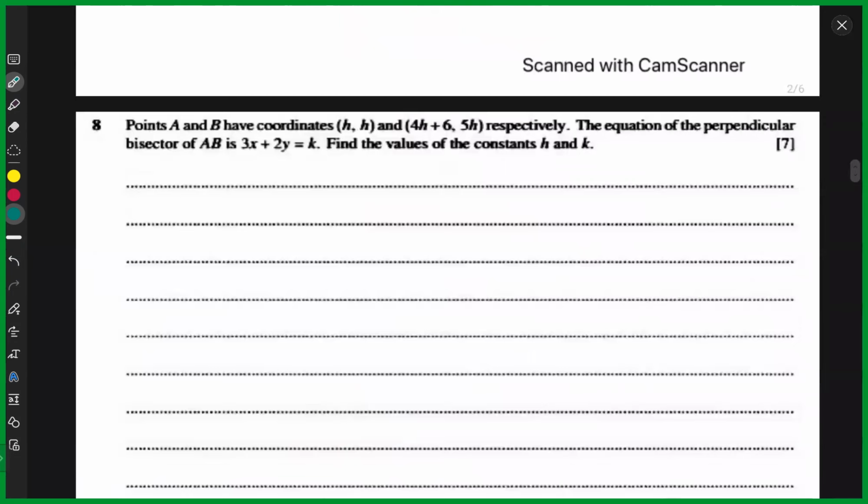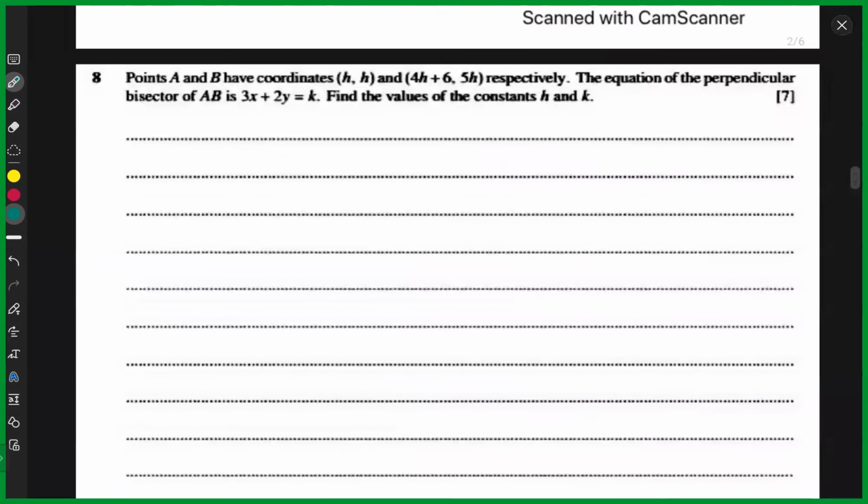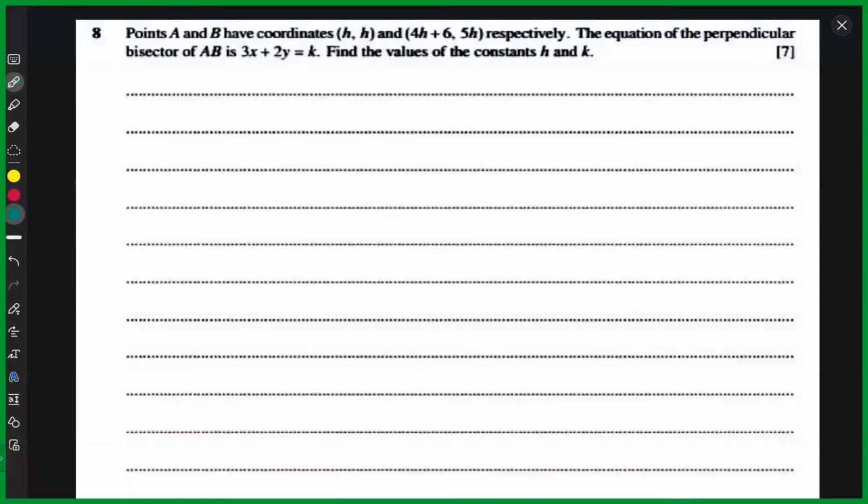Now it was saying points A and B have coordinates (h, 4h plus 6) and (5h, ...) respectively. The equation of the perpendicular bisector of AB is 3x plus 2y equals k. Find the values of the constants h and k.